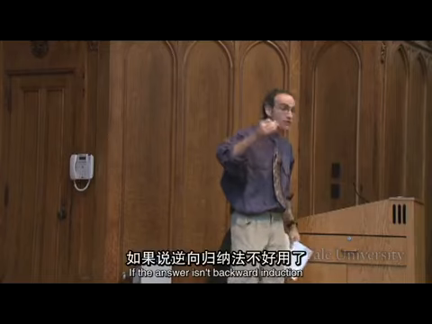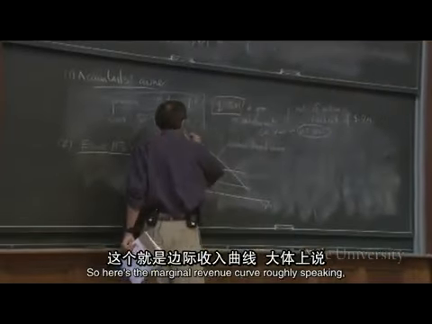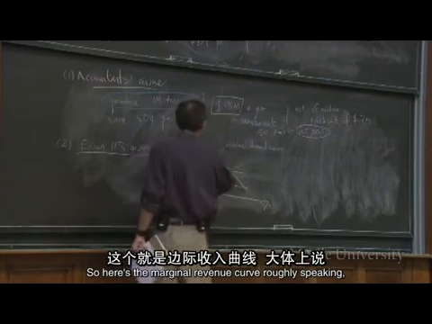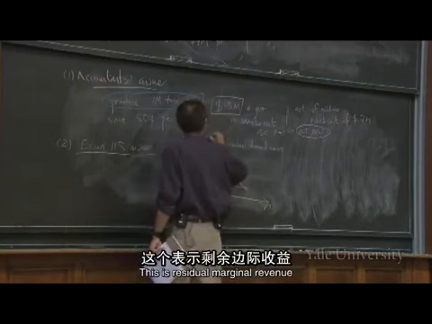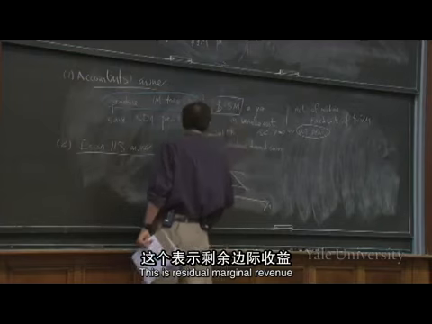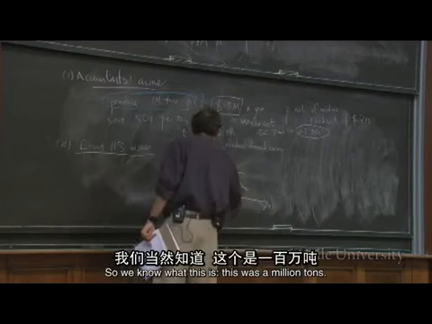Yeah, say it again, shout out. Yeah, if the answer isn't backward induction, it's probably marginal revenue equals marginal cost. So let's try that. So here's the marginal revenue curve. Roughly speaking, it should be twice as steep. This is residual marginal revenue. And here's what you used to produce. So we know what this is.